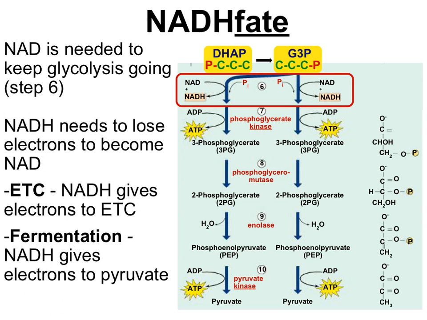In these cases, anaerobic respiration happens, or fermentation happens, where NADH gives electrons back to pyruvate in a process that regenerates NAD. We'll talk about these fermentation processes more in the next video.